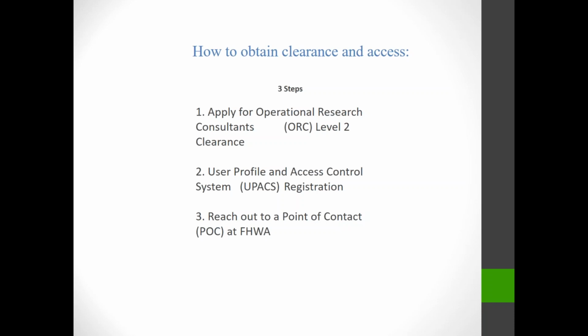So there are two steps to this process of gaining access to TMAS. The first is a security clearance called an ORC, which gives you federal security clearance. And secondly, UPACS itself, you have to register. You have to do one before you can do the other.